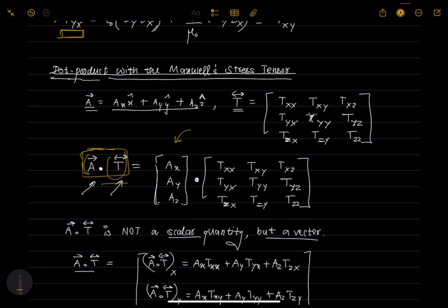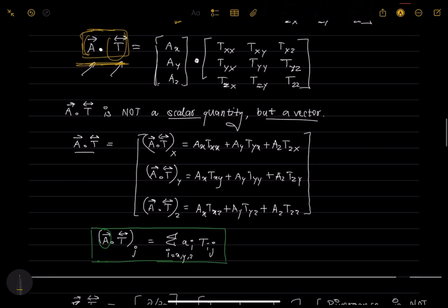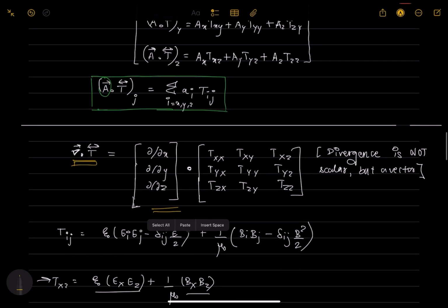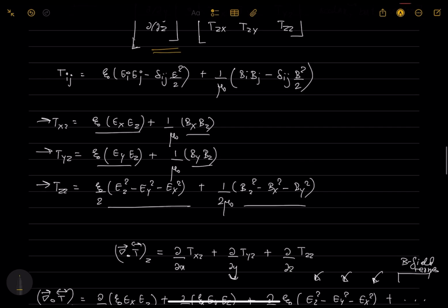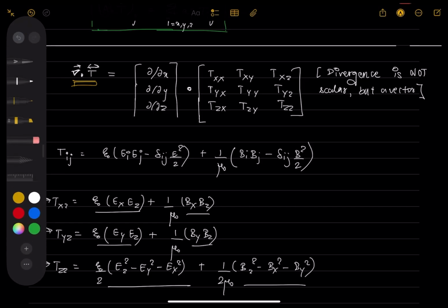We discussed what it means to take the dot product of any arbitrary vector with the Maxwell stress tensor. The dot product is in and of itself a vector and not a scalar, right? We discussed what it meant to take the divergence of the Maxwell stress tensor, right?